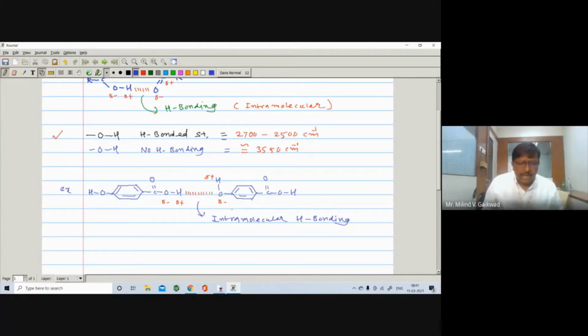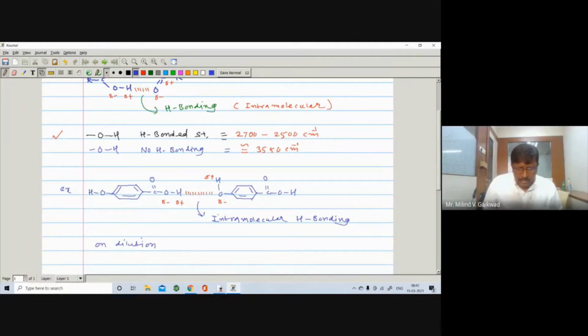If you take the spectra, you will see that the OH should actually appear at 3550, but it appears at 2700 to 2500. Okay, but on dilution, means when you add more and more solvent and take a more dilute solution, then what happens?